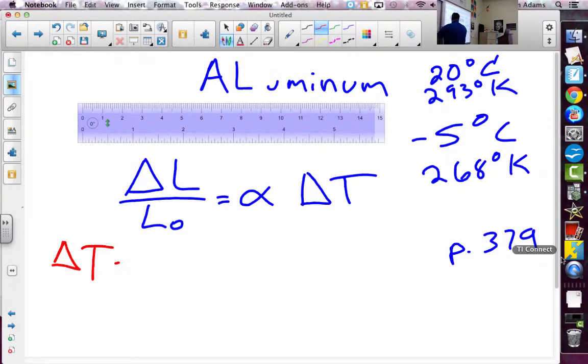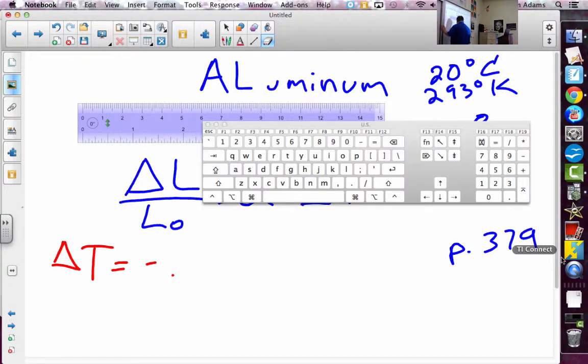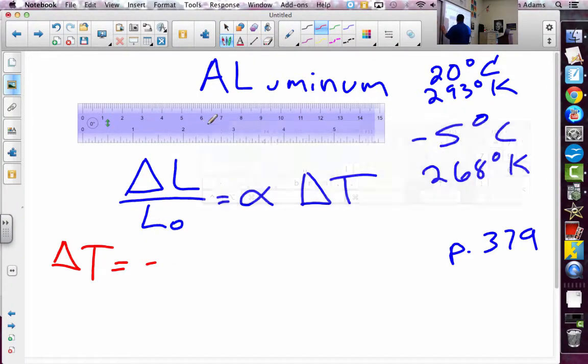Delta T is the final temperature minus the initial temperature, so 268 minus 293. Right? Does that seem right to you guys?